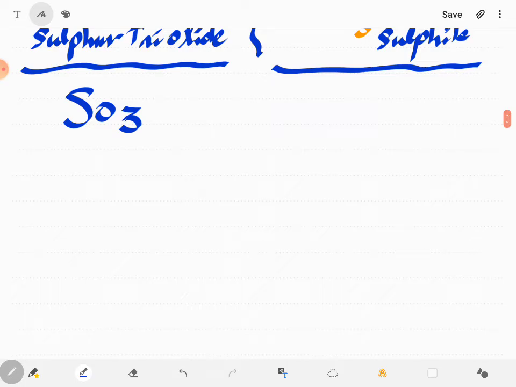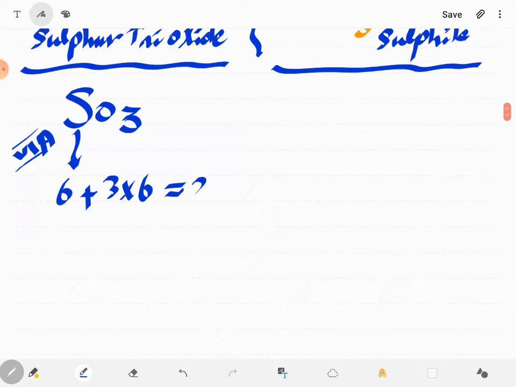Quickly then. Sulfur is the same as oxygen, in the same group. Both are group 6A. So here 6 plus 3 times 6, no charge, so 24 electrons. Very good.